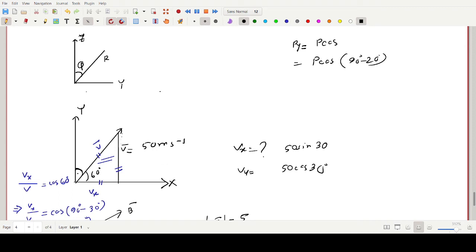If you draw the projection of R onto the XY plane, then the projection will be given by P, drawn like this. Now this P makes an angle theta with x. This is the definition of theta.